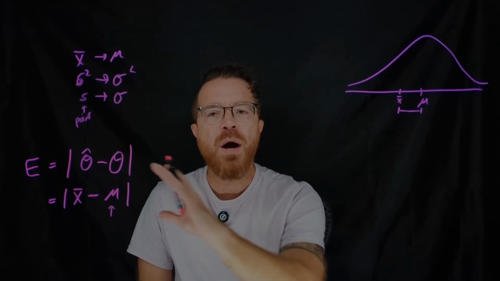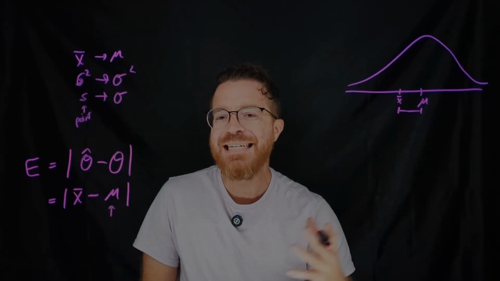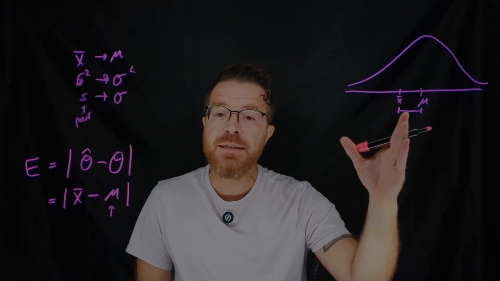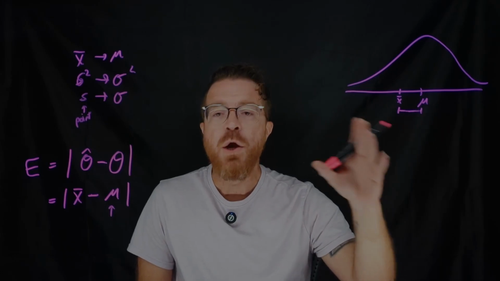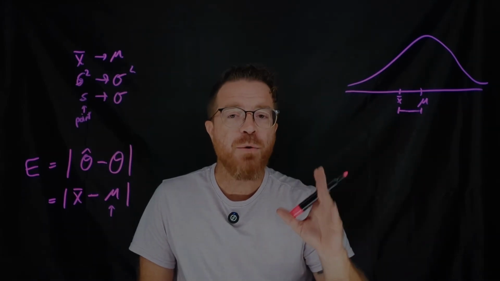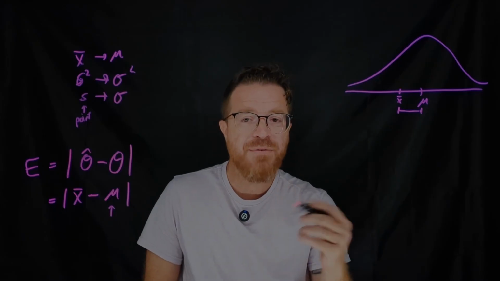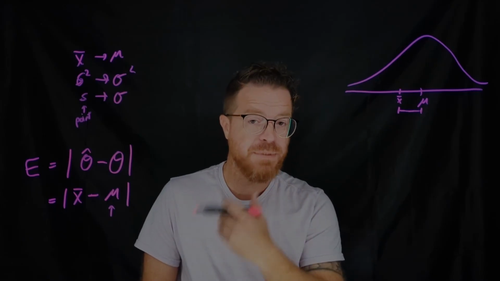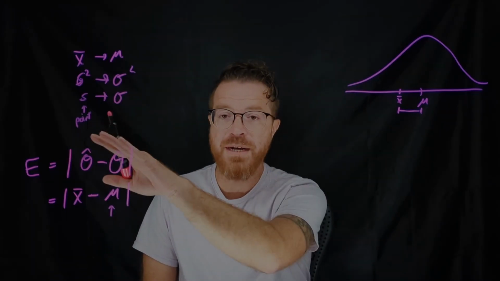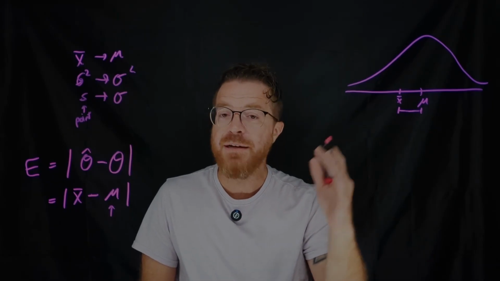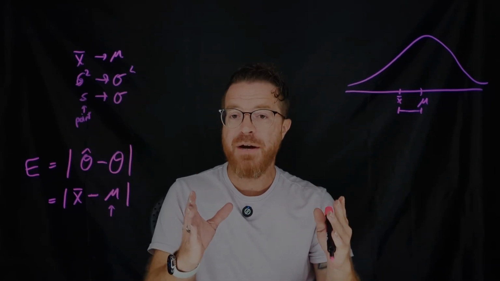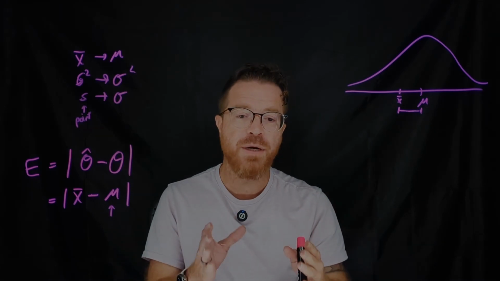So I want you to think of this as the idea behind error. There exists some true mean mu for our population data. We don't know what it is, but we do know that there is some amount of error between our sample statistic, our point estimate, that represents that parameter, and the true parameter. So there's some amount of error, but we don't know exactly what it is.